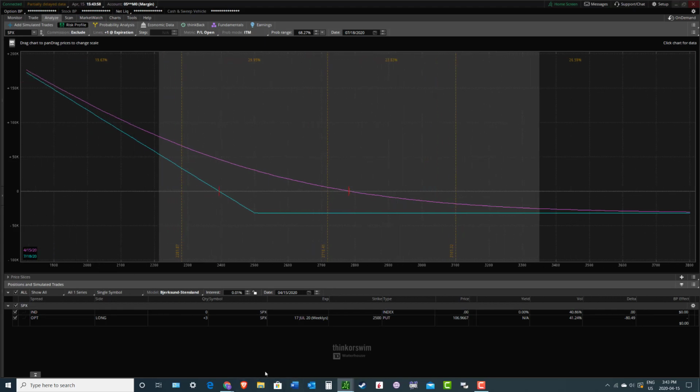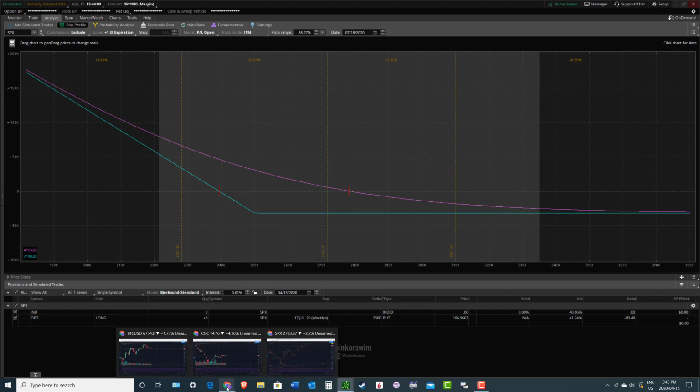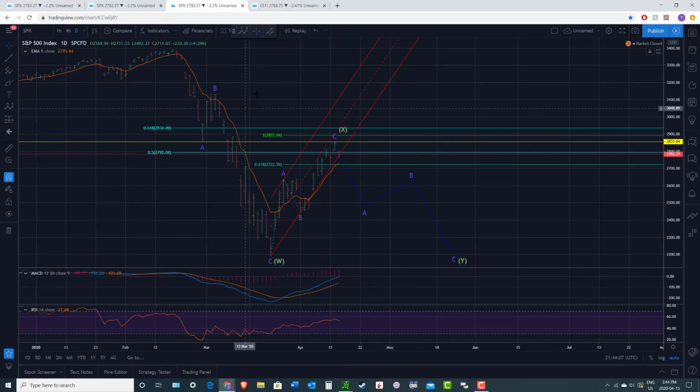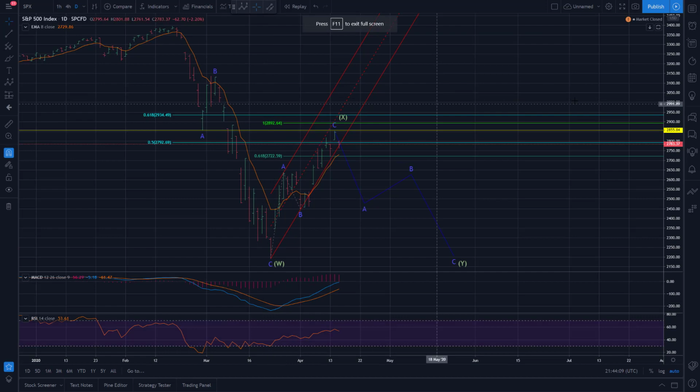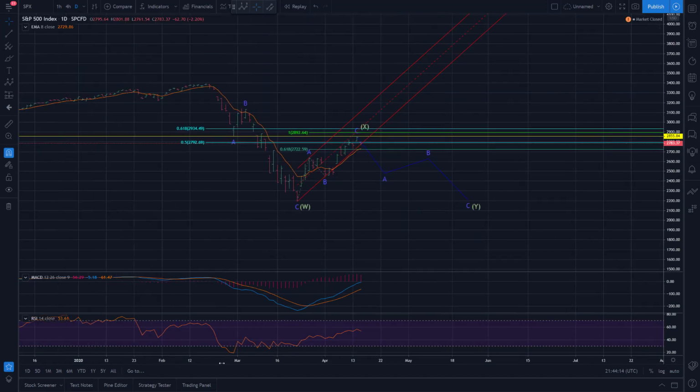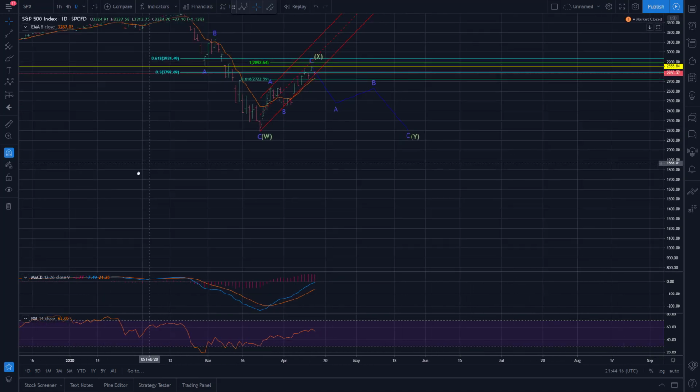And just going back to these targets, I'll quickly come back to the TradingView chart just briefly. Let me get this dialed in to show the reasoning behind the downward targets.